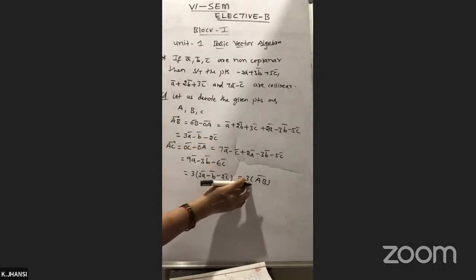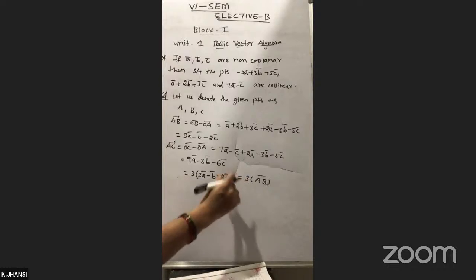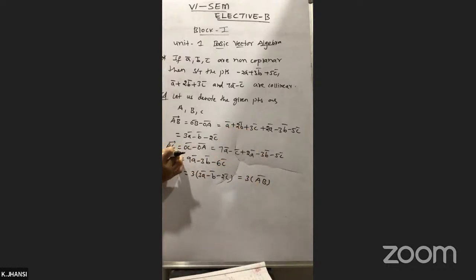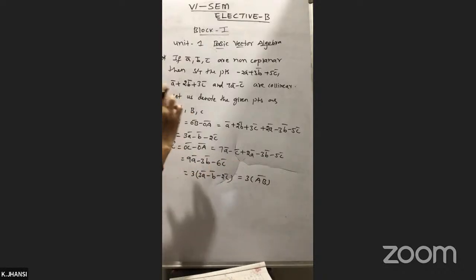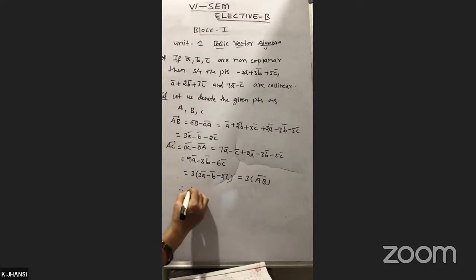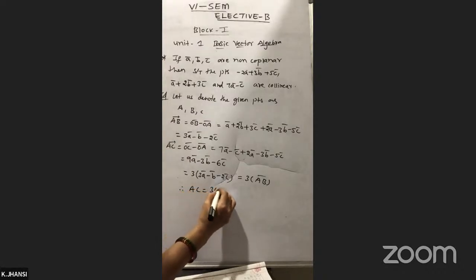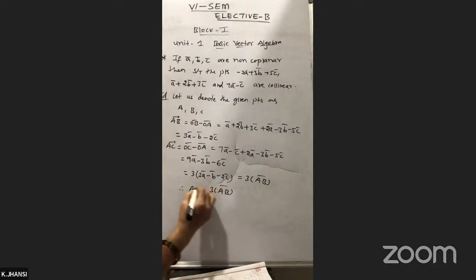So whenever you get AB is equal to some scalar times AC, or some scalar of AB, whenever you get a relation like this, then we call the points A, B, C collinear. Okay. So therefore AC is equal to 3 into AB.